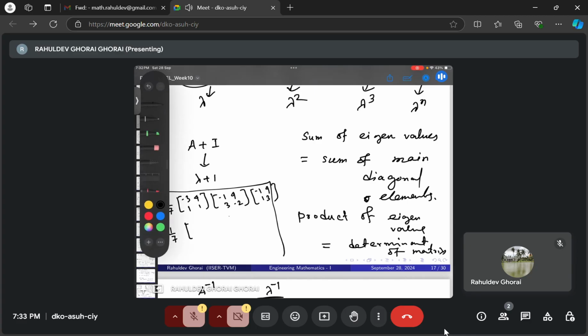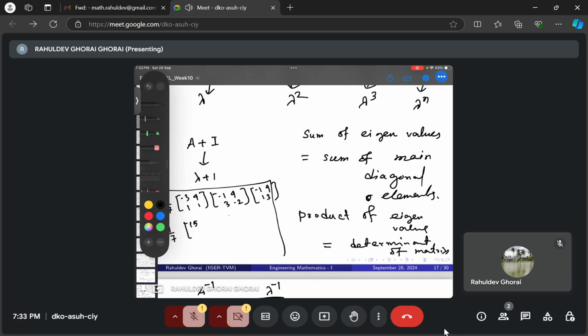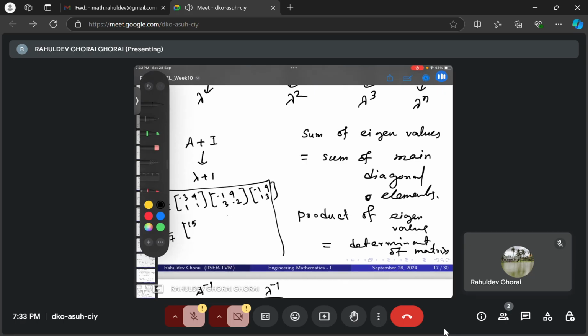First one will be 15, then -20, then 2, because -1 times 3... it will be again 2, then [-1, 4; 1, 3].